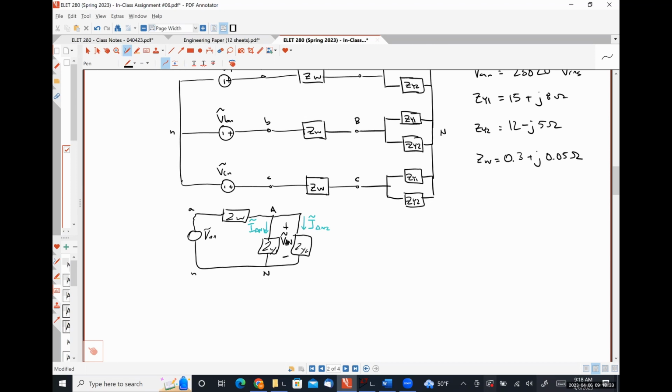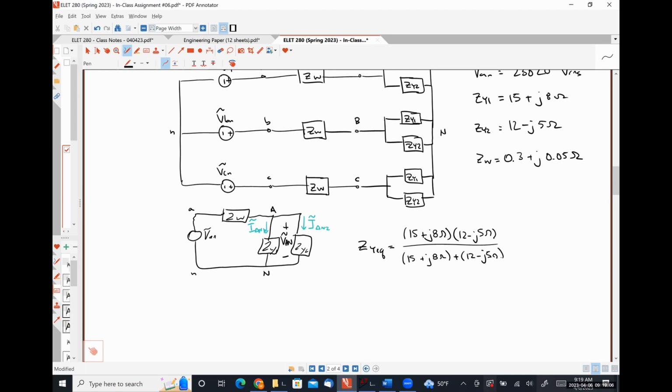Okay, so I'm going to find the equivalent impedance. That works for me. So let's call this ZYEQ. So that's just going to be 15 plus j8 times 12 minus j5 over 15 plus j8 plus 12 minus j5.